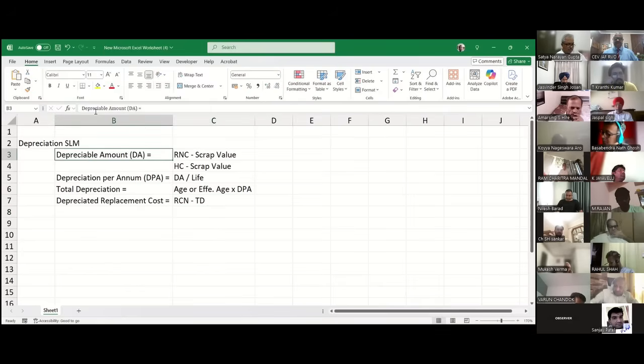Okay, this is the methodology to find out the depreciation using the straight line method.